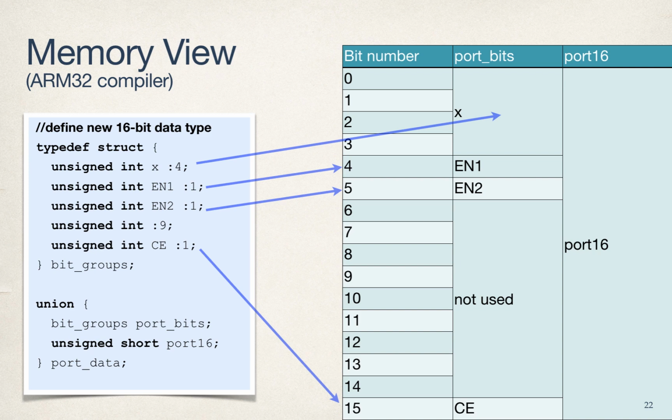And then the most significant bit is CE, which probably stands for chip enable. In parallel to that, we can look at it as a port 16 instead. So we've got port bits of port 16, and we just see that as a 16-bit wide number. So whether you modify the individual bits or that one, it's all part of the same 16 bits of data.